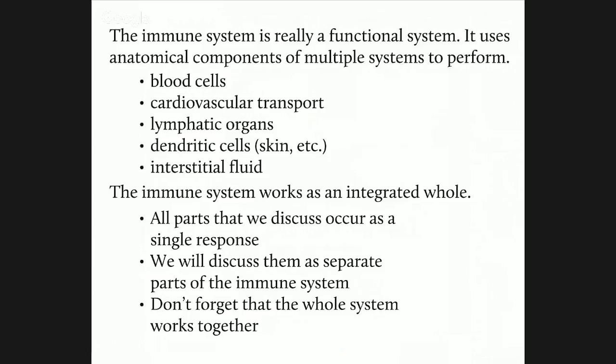Another player in immune function is a cell called a dendritic cell, which you have already been introduced to one example of, which is in the skin. Now, when I'm teaching about the skin, I call this cell a dendritic cell because that's what it is.